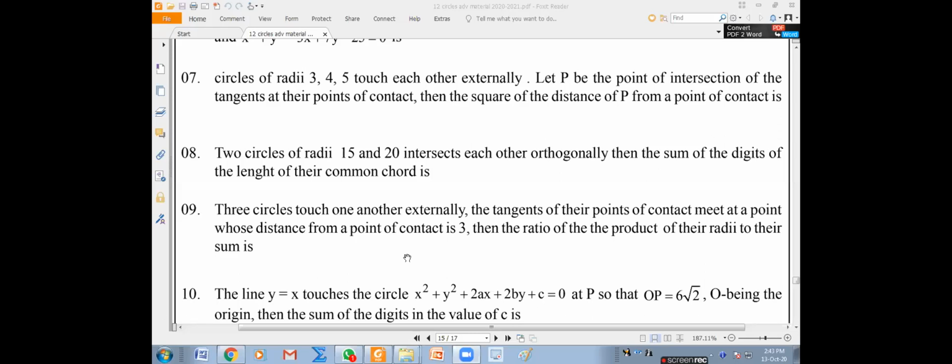Okay. So we completed 7, you can think about 9. 9 is also quite a similar question.